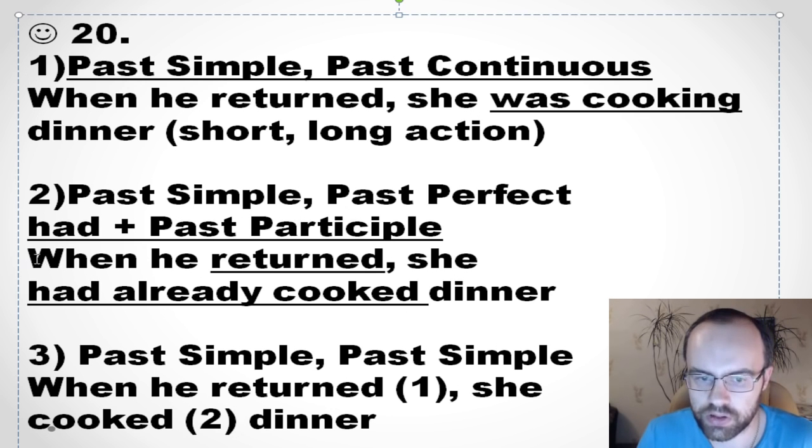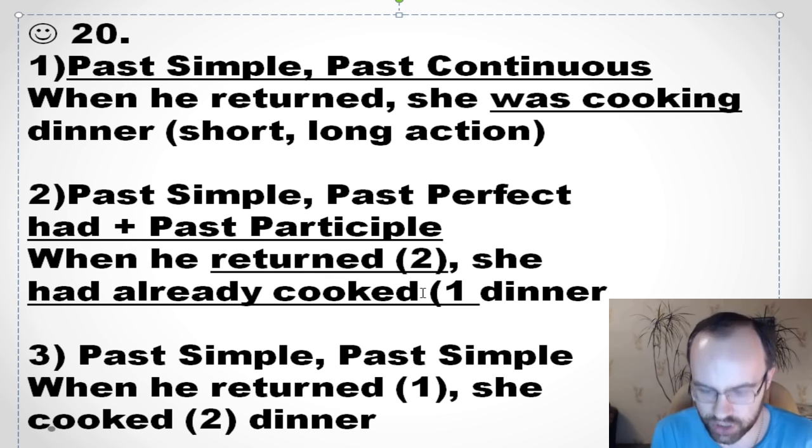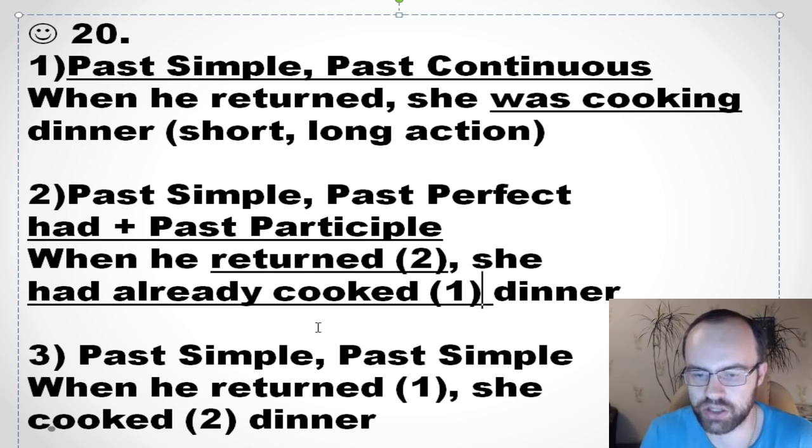But if we look at this sentence in past perfect, I mean that it happened later, and this action, which is about dinner, it happened earlier. So that's the difference.